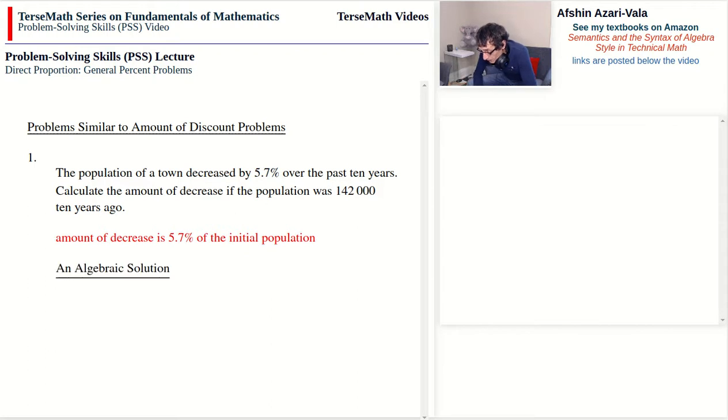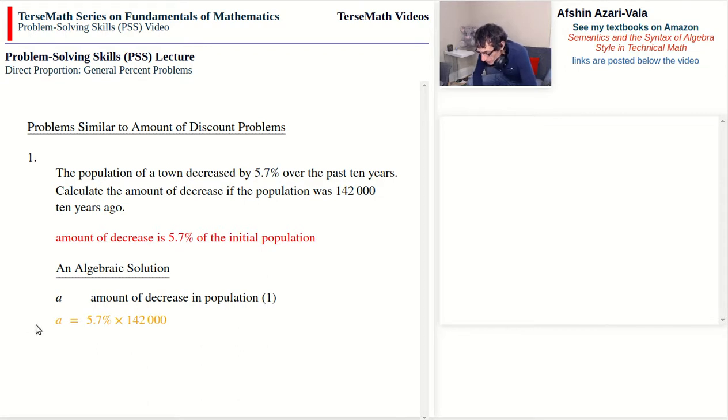And if we can come up with this key sentence, then the algebraic solution is very easy to write. With A being amount of decrease in population, A becomes equal to 5.7% of the initial population. So the amount of decrease in population, I get that from here, is 5.7% of 142,000.